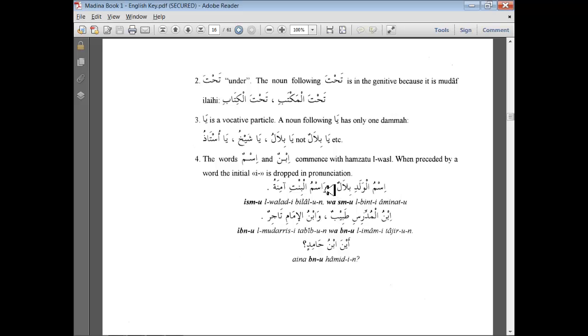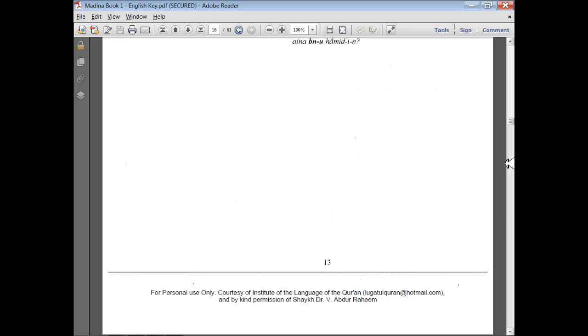Now here we have it preceded by a word, then in this case: wasmul binti aminatu, and my daughter's name is Amina. So this is the hamzatul wasli: when it's preceded by a previous word, we will join it, and then that hamzatul wasli is not pronounced. That's the lesson basically in a nutshell.